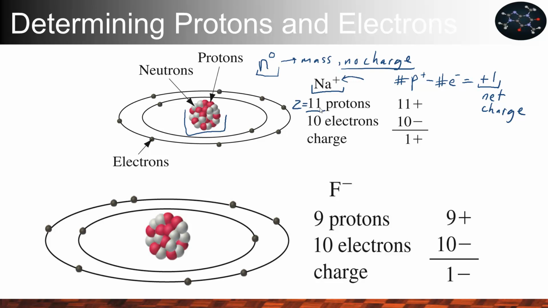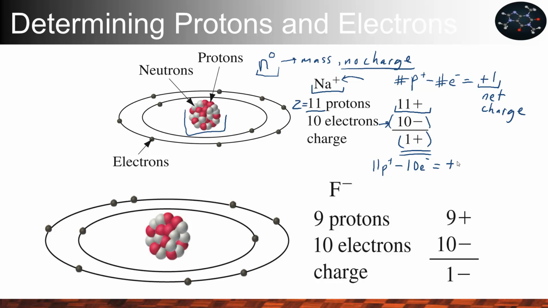That cannot change. This does not become positive because we add another proton to it. That isn't how it works. If we add another proton to sodium, it becomes a different element. It has different properties. So 11 protons means we have 11 positive charges. If it's +1 altogether, that must mean that we have 10 negative electrons to make this all work out. Right? We have 11 protons minus 10 electrons.